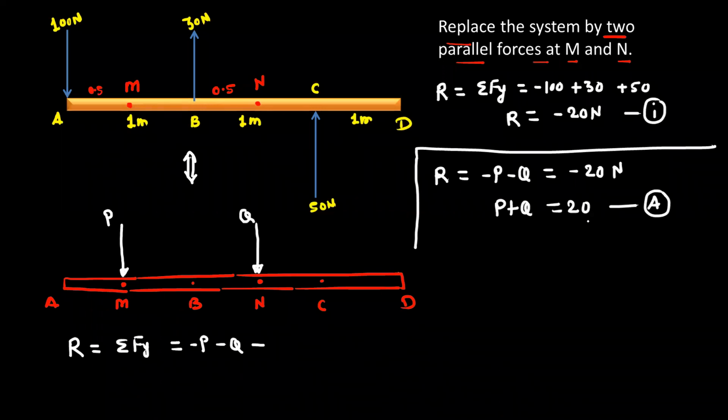Okay. The second equation we will get from the moment. So we can select any point in the original system and take the moment about that point.